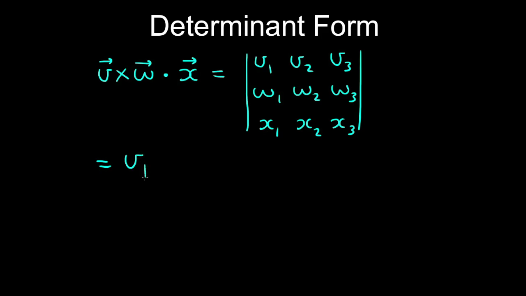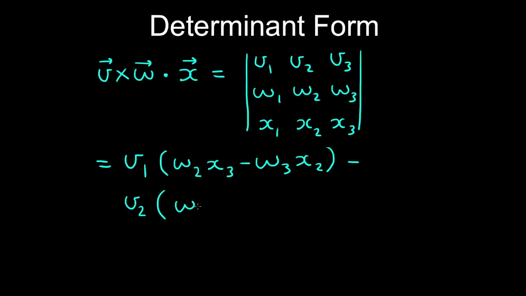then we have V1 by the determinant of the minor that's obtained by blocking out row 1 and column 1. So we have W2 X3 minus W3 X2, and minus V2 by the determinant of the minor matrix that results from blocking out row 1 and column 2.